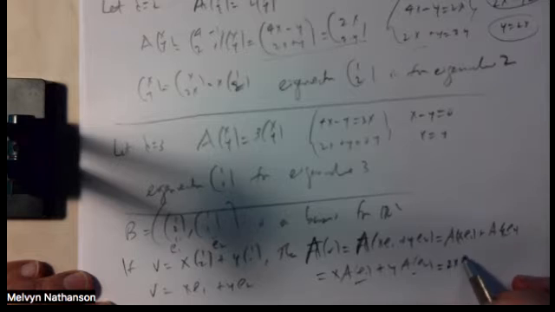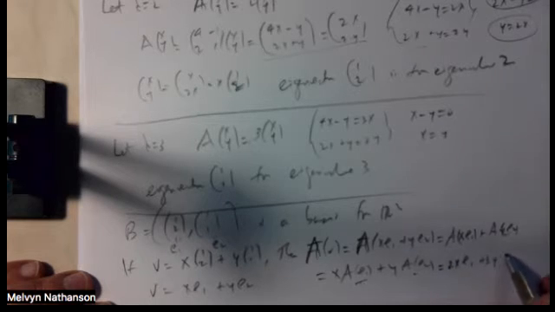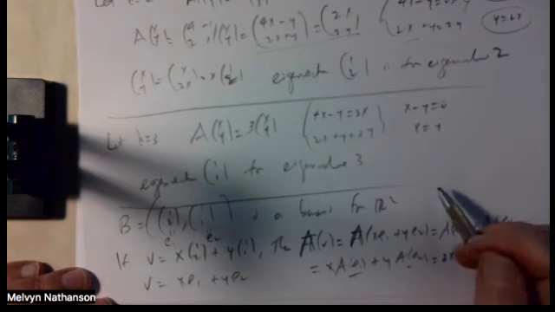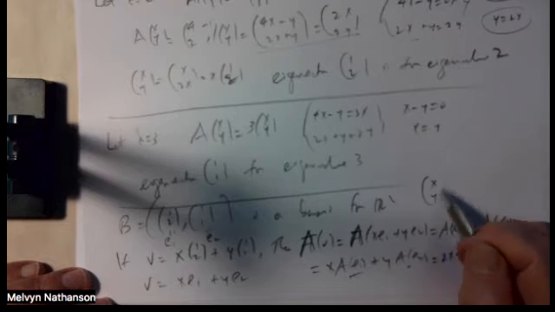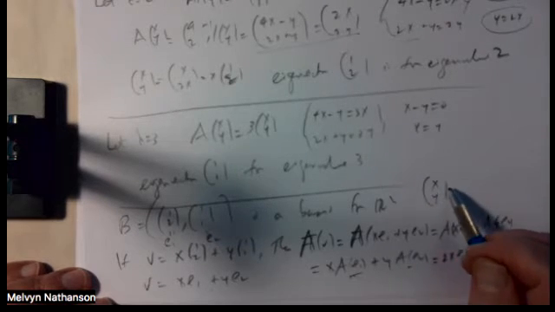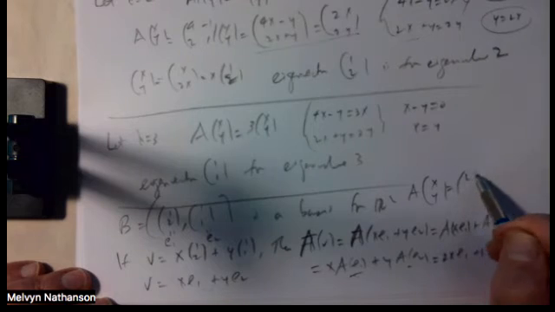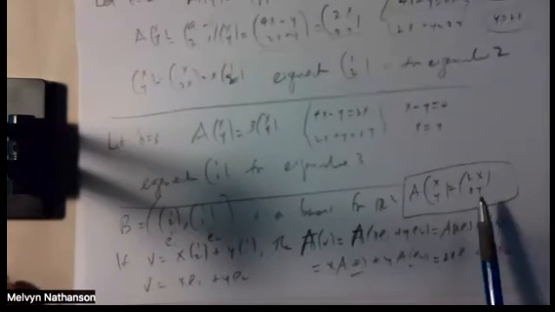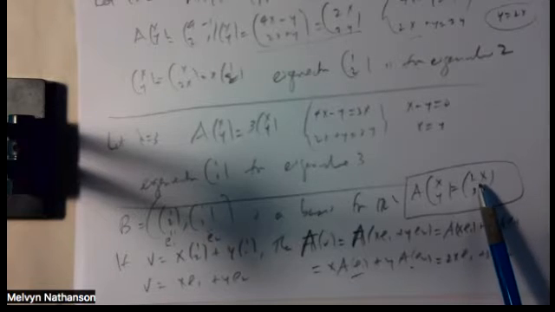So this is 2x e1 plus 3y e2. So if I'm writing a vector with respect to a basis of eigenvectors, if (x, y) are the coordinates of the vector with respect to this new basis, A of this is just (2x, 3y). It's a very, very simple way to understand the action of a matrix. It just stretches each coordinate by a fixed amount, the amount of the eigenvalue.